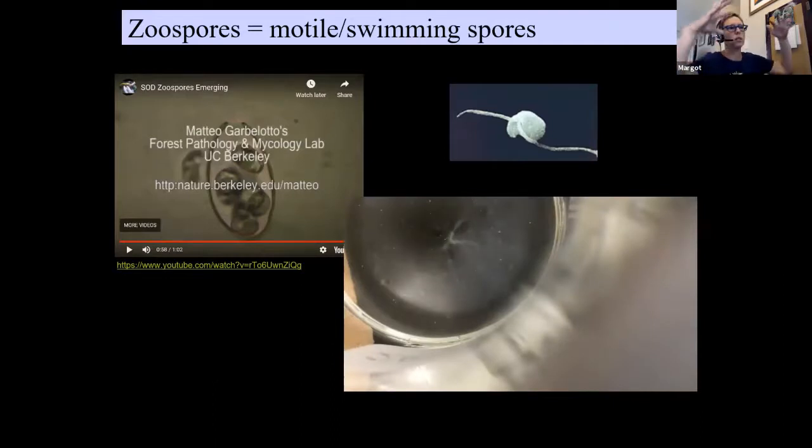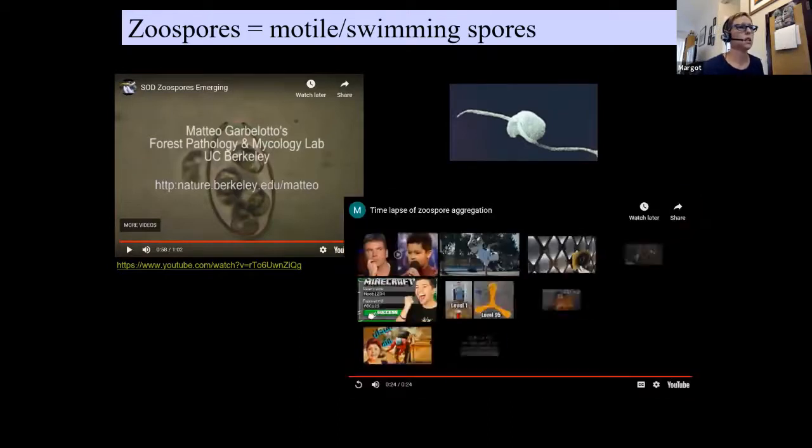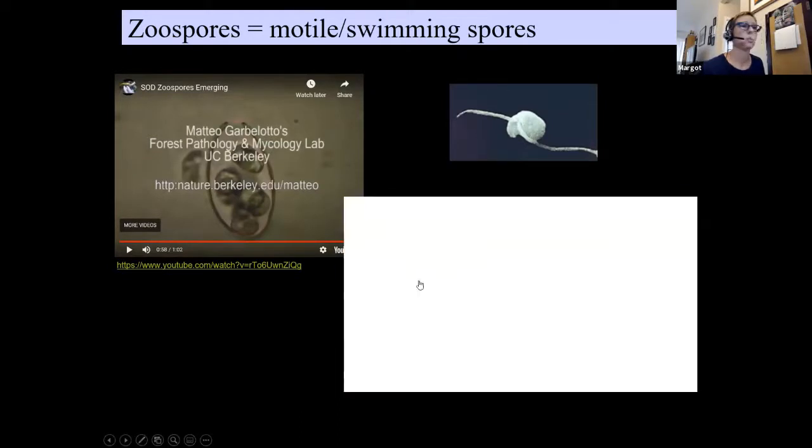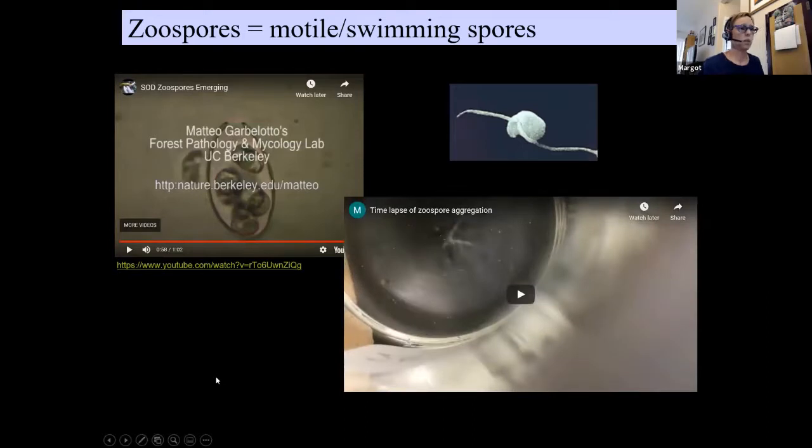They like to be at the surface of the water. So they come to the surface and hang out and bump into each other, and then you get too many and some of them fall down, and then you get more coming up, and so they just do this really cool aggregation thing. So that's an example of happy zoospores, lots of swimming zoospores, and that's what I would normally see.